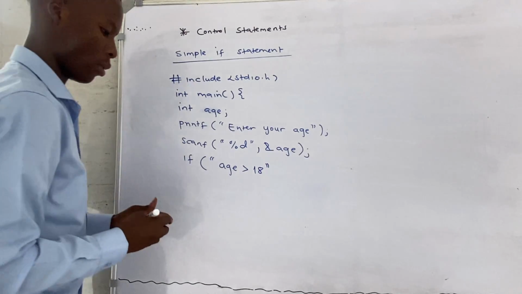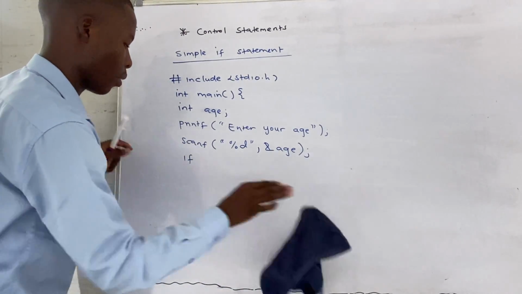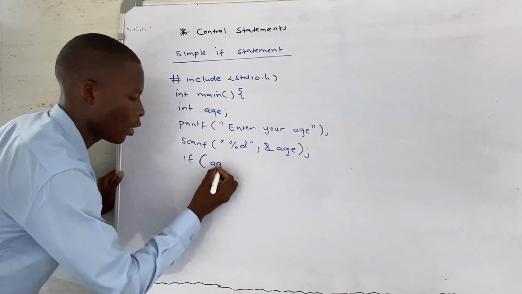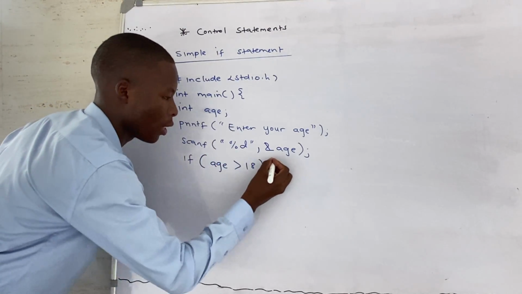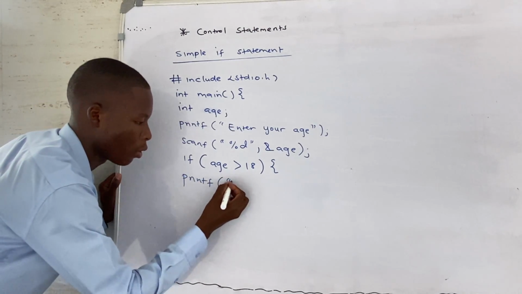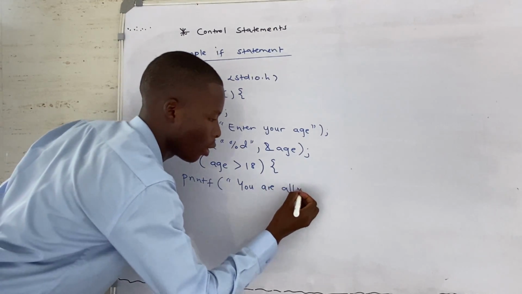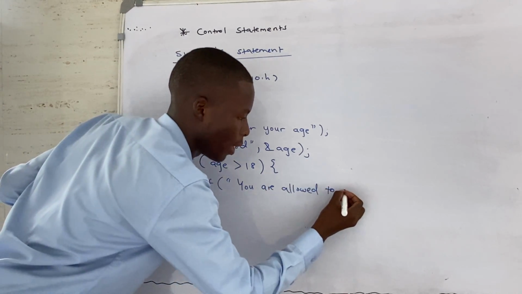If age is greater than 18, printf("You are allowed to marry").